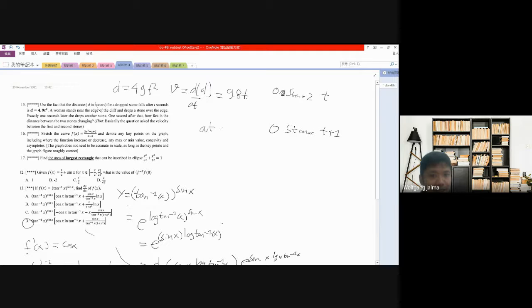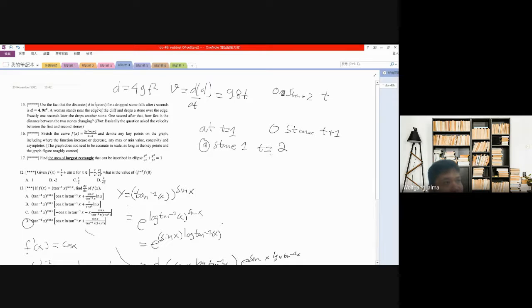So 1 second after she drops the second stone, at t equals 1, for stone 1 the t equals what? t equals 2, right?